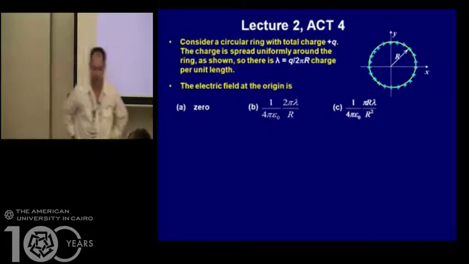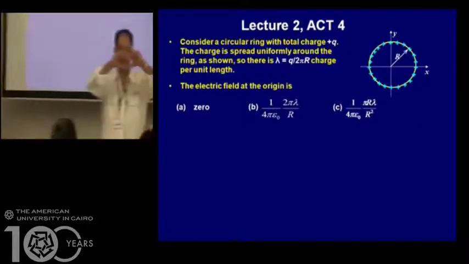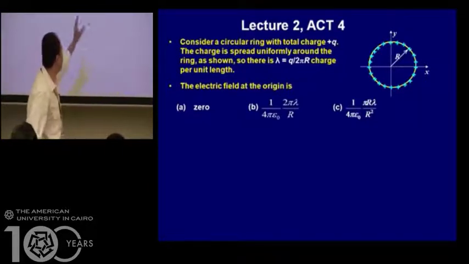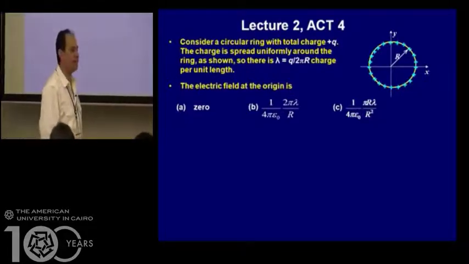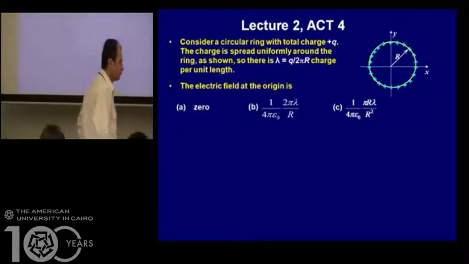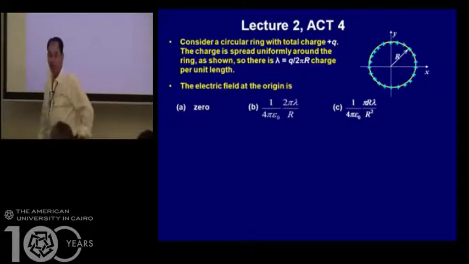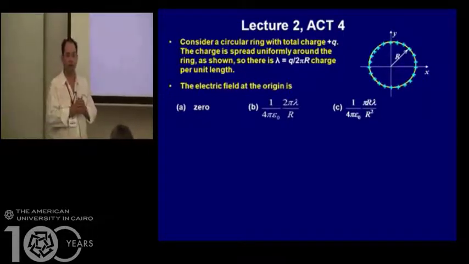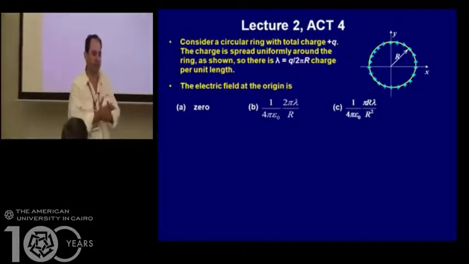Look at this problem here. If you have a ring that has some positive charges on it, we need to find what is the electric field exactly at the origin. What is the electric field exactly at the center of that ring? Guys, can you discuss that with your colleague for 2 or 3 minutes?